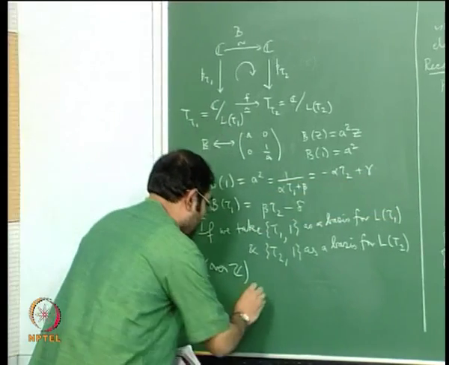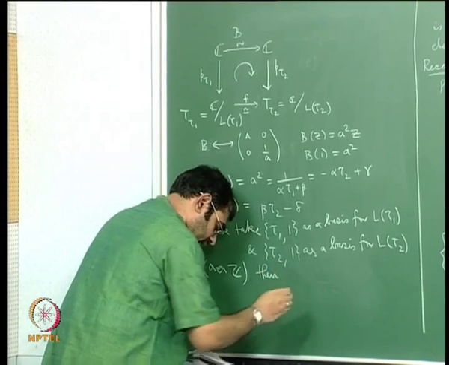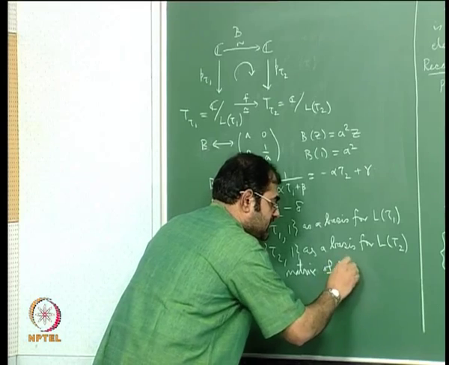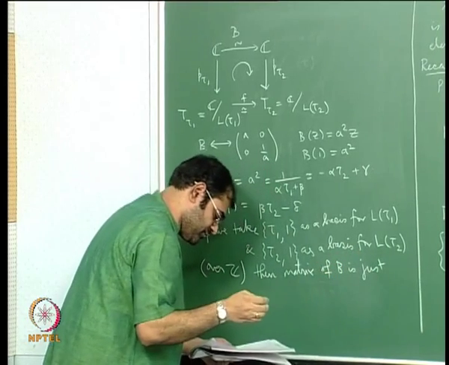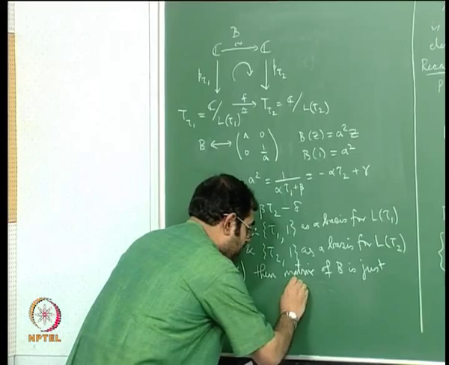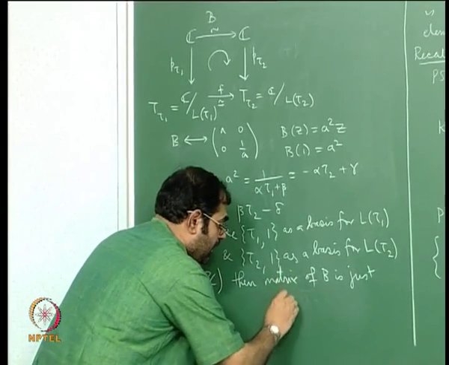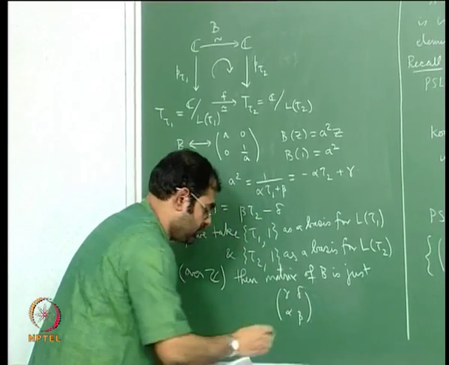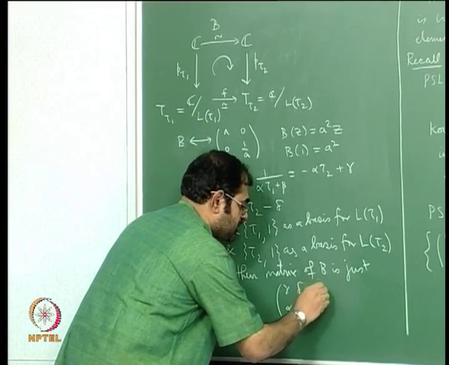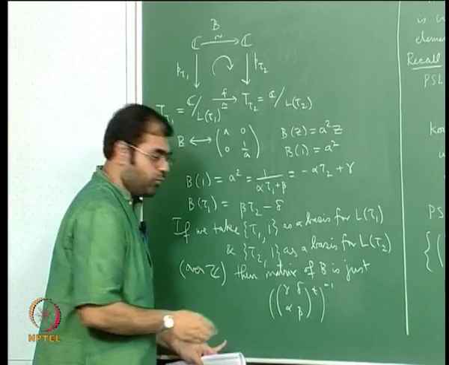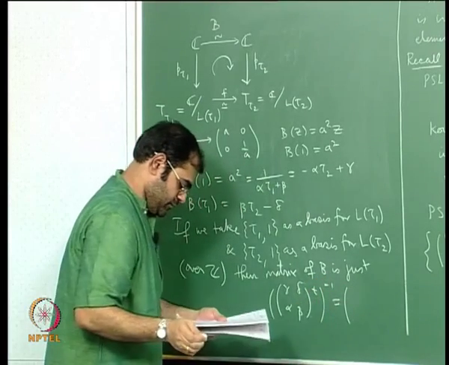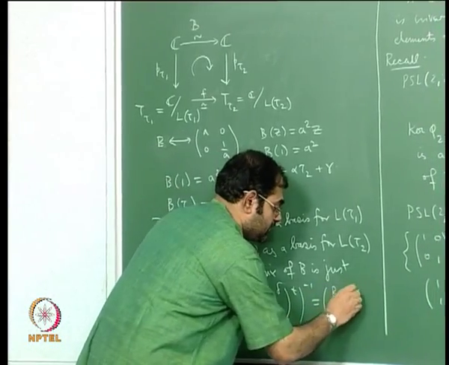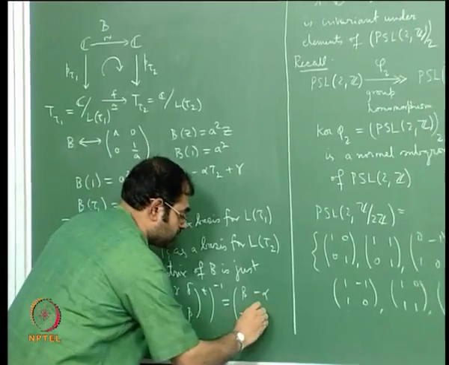What is it in fact? The matrix of B turns out to be just that matrix gamma delta alpha beta, transpose inverse, which is just beta, minus alpha, minus delta, gamma.